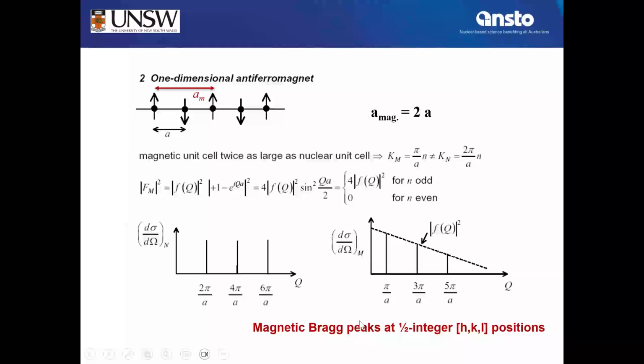And that's now interesting. So we get magnetic Bragg peaks at 1/2 integer positions. So every one of you who is not familiar with magnetic neutron scattering might be puzzled here, but that's where we see the antiferromagnetic Bragg reflections at 1/2 positions.